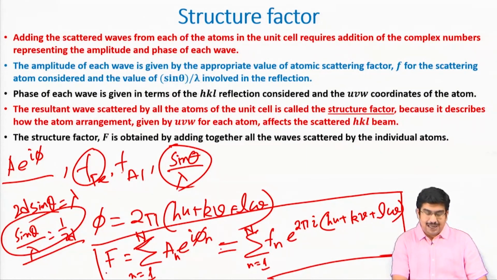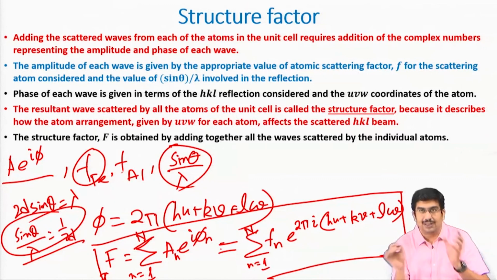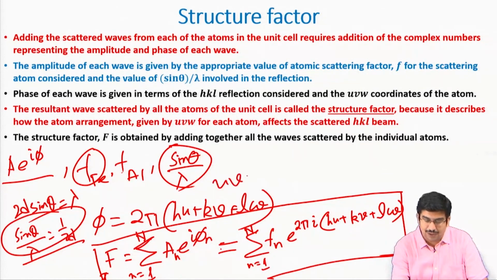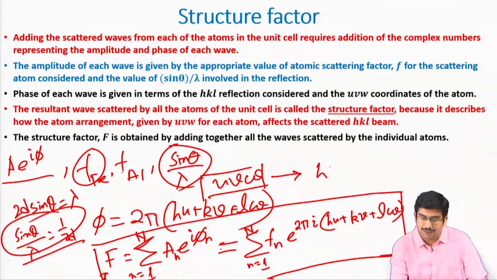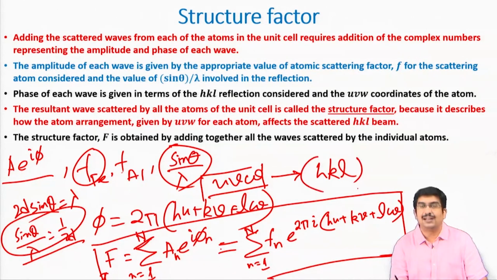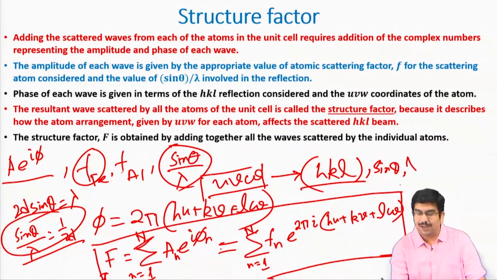This F is called the structure factor, because it describes how the atomic arrangement in the unit cell, which is given in terms of u, v, w, affects the intensity of the scattered beam for an HKL diffraction. HKL diffraction is happening for HKL planes, which have a fixed sin theta for a fixed lambda.